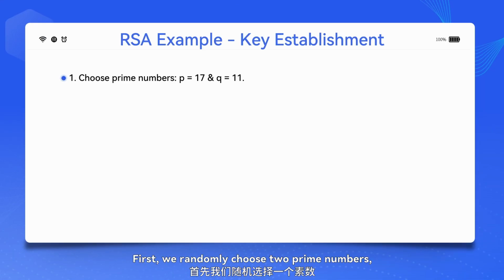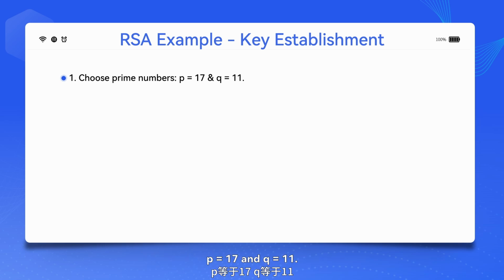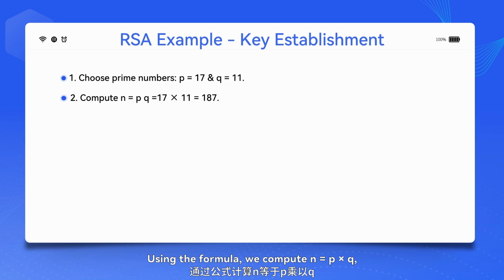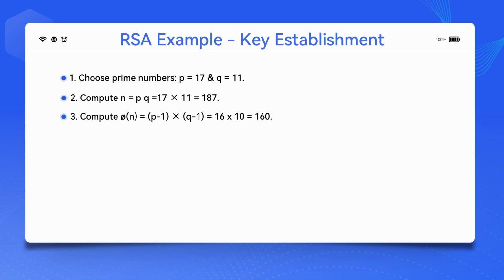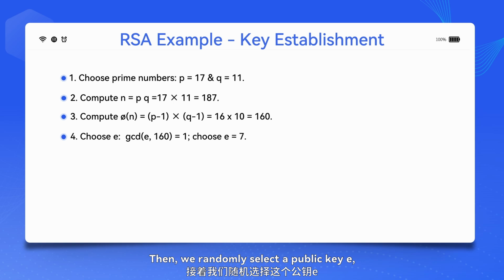First, we randomly choose 2 prime numbers, P equals 17 and Q equals 11. Using the formula, we compute n equals P times Q, that is, 17 times 11 equals 187. Next, we calculate phi(n) equals (P minus 1) times (Q minus 1), that is, 16 times 10 equals 160. Then, we randomly select a public key E, which must be a prime number, and choose E equals 7.